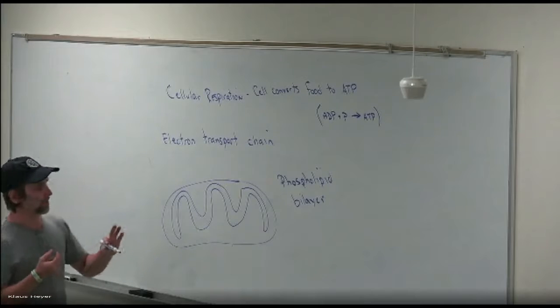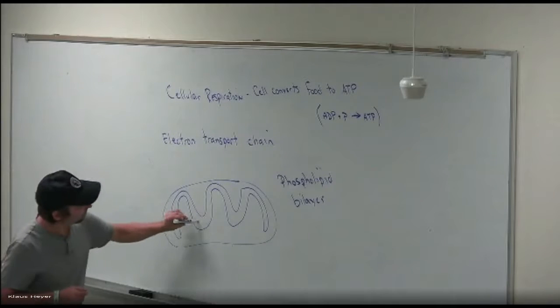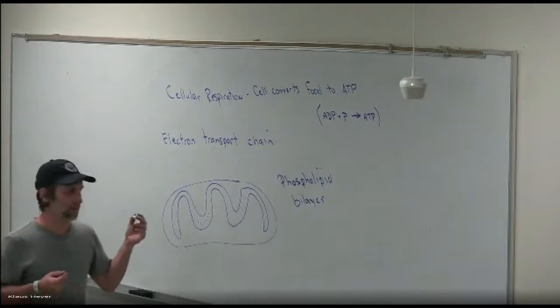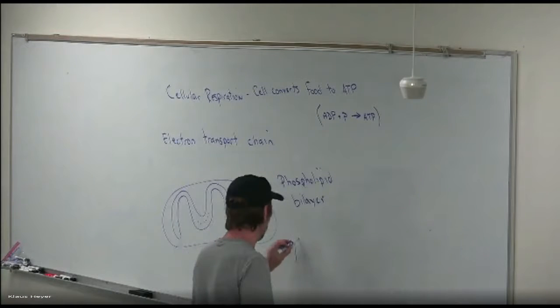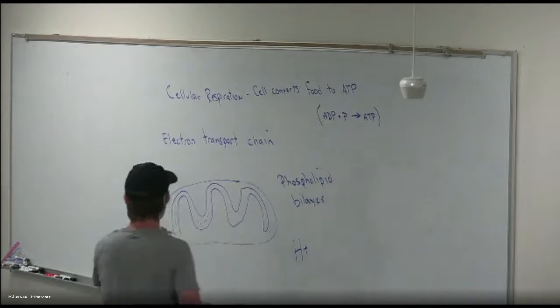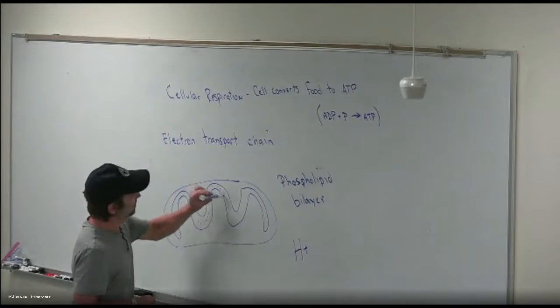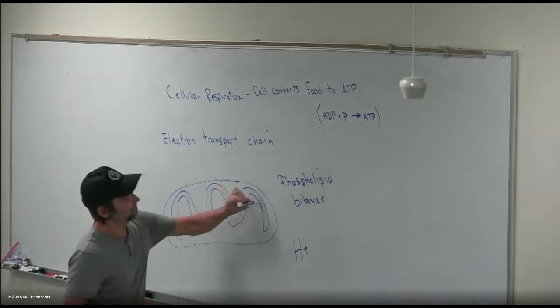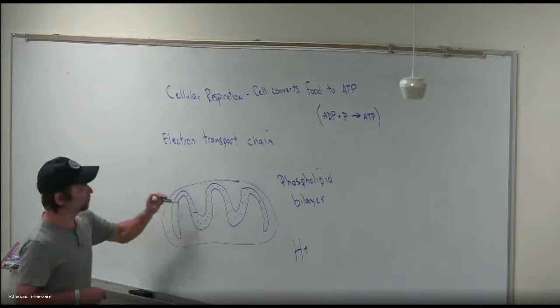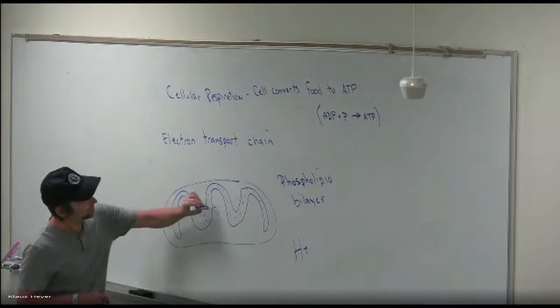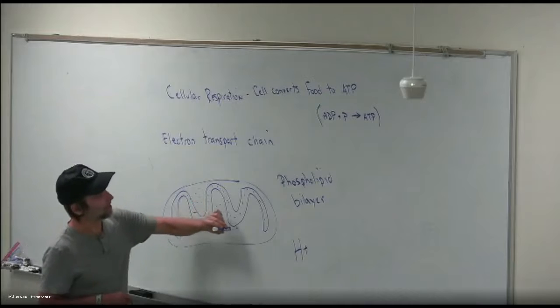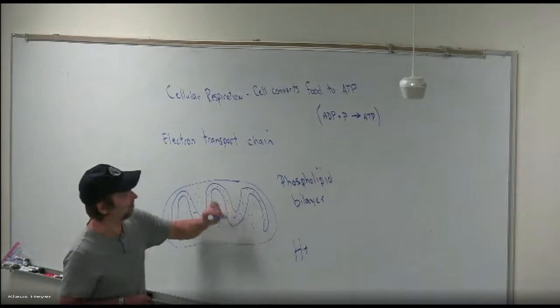And so you have in here, I'm drawing these dots, and these dots are going to represent protons. All right, so there's protons inside this inner membrane, and there's protons on the outside.